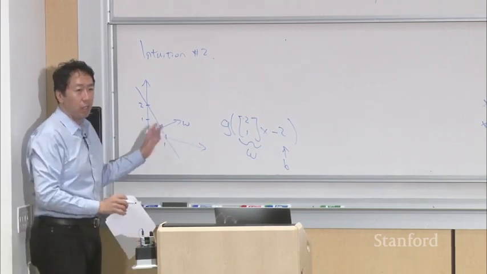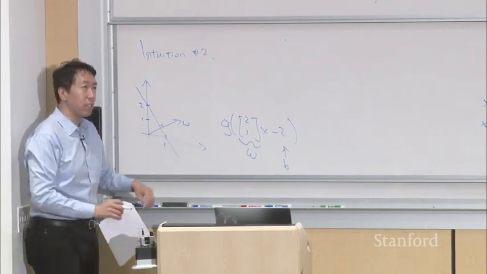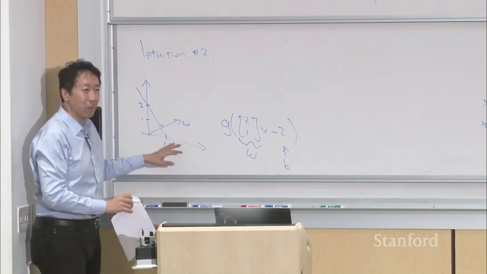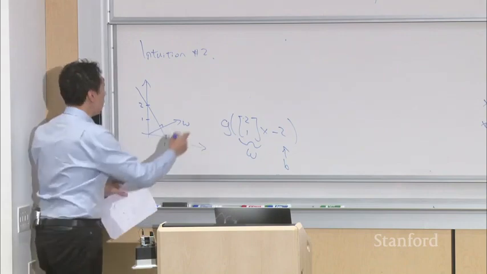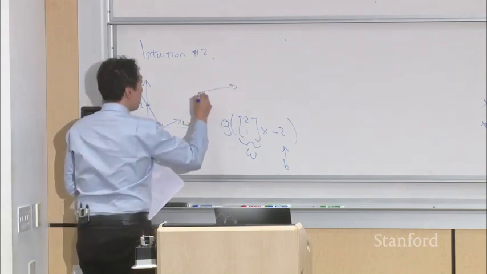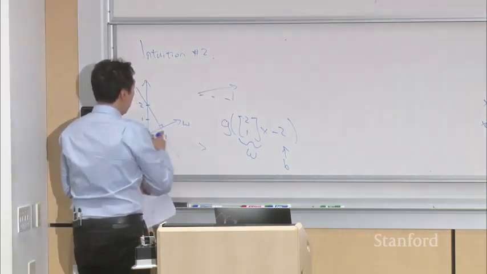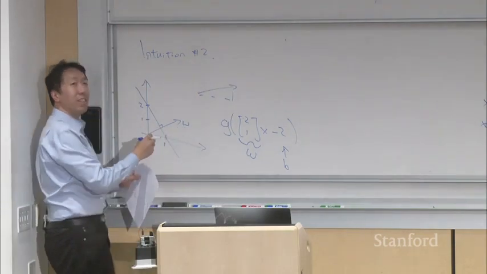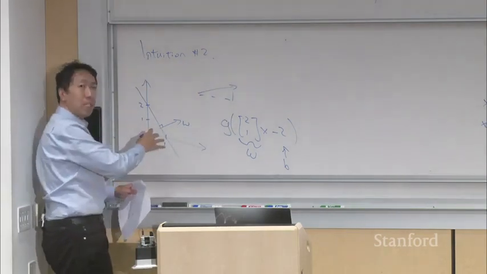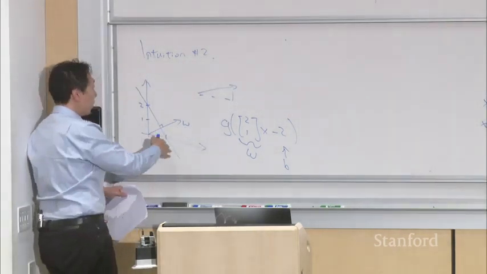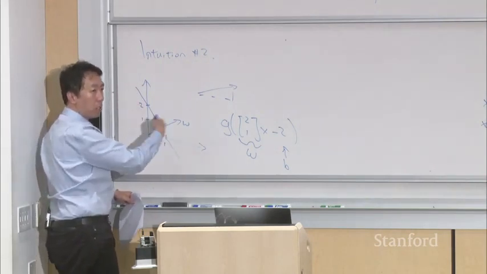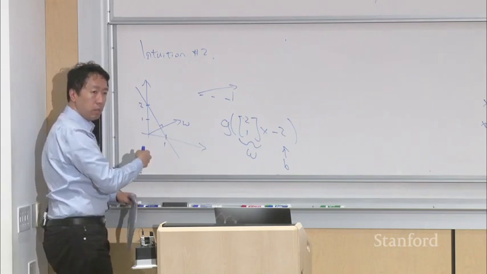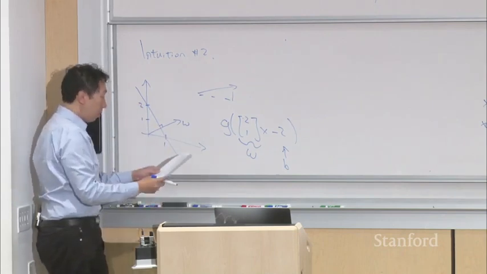This is a fact of geometry, or linear algebra. The vector w, (2, 1), is sort of 2 to the right and then 1 up, and it is always at 90 degrees to the decision boundary. And the decision boundary separates where you predict positive from where you predict negative, okay?